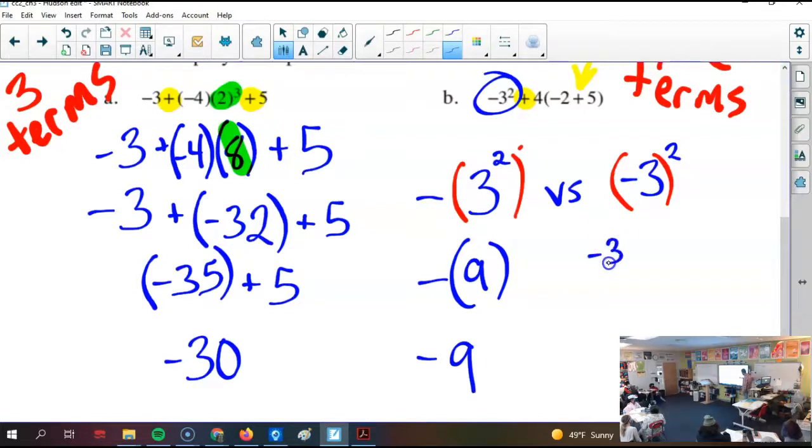What's -3 times -3? What's a negative times a negative? If you don't remember, over there, multiply, divide, same signs, positive answer. This becomes +9. And guys, your calculator can get this wrong because it doesn't know what you mean. We have to use parentheses or we have to agree on what we're saying.